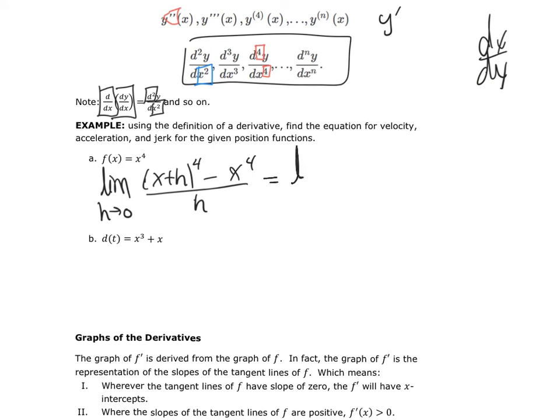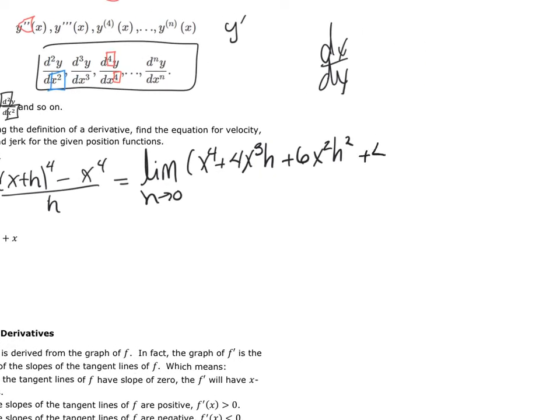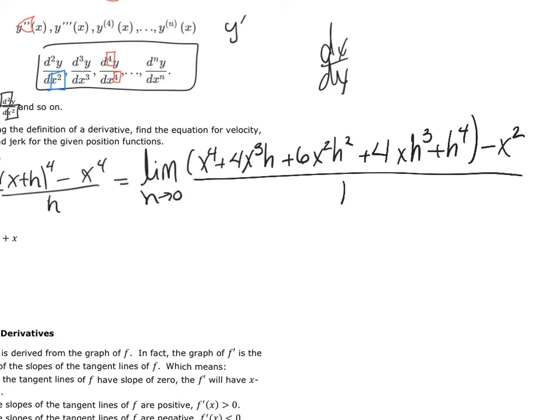So this is equal to the limit as h approaches 0. It's going to be x to the 4th plus 4x to the 3rd h plus 6x squared h squared plus 4x h cubed plus h to the 4th minus x to the 4th all over h. Magic of marker.